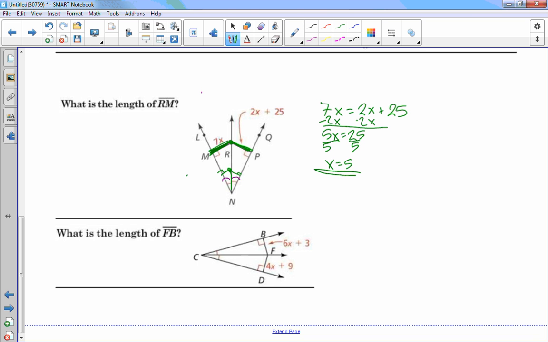But that's not your answer. Hold on, what do we do with the 5? Good. Plug it in. Technically, you can plug it into either one because they're congruent, right? But RM is what I asked for, so let's plug it into 7 times 5 gives you how long? Good. The measure of AB is 35.